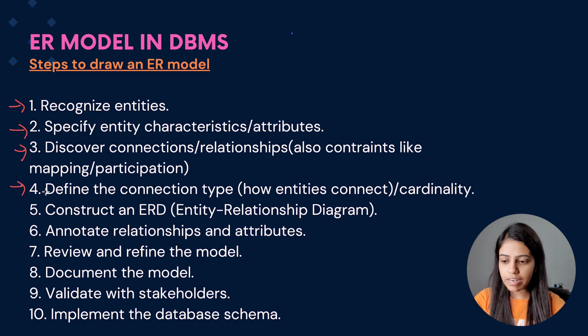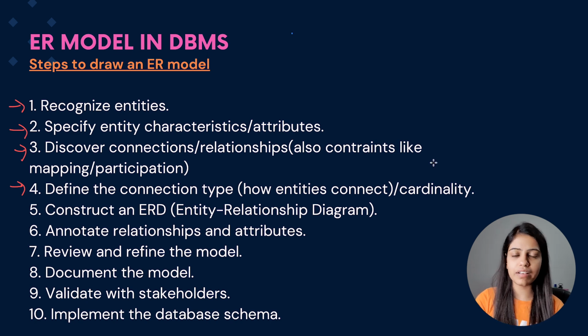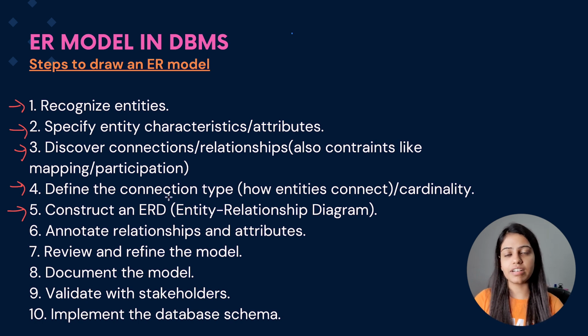Now in the fourth step, we are defining the connection types, that is, how entities are connected, or cardinality. Again, based on degree or the mapping constraints, we identify if it's a one-to-one relationship, one to many, many to one, many to many, total participation and partial participation. Now in the fifth step, we construct an ER model. Now we are ready to construct an ER model.